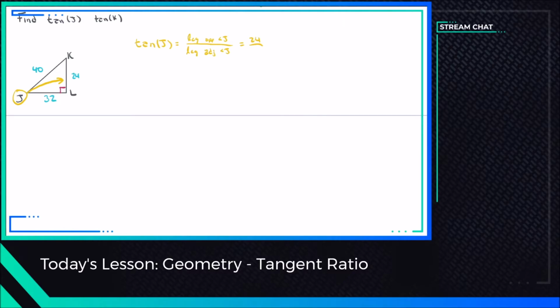And if we go adjacent to J, that's going to be 32. So 24 over 32 is going to be equal to 3 over 4, or 0.75.